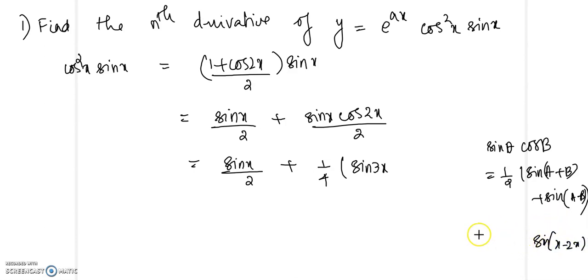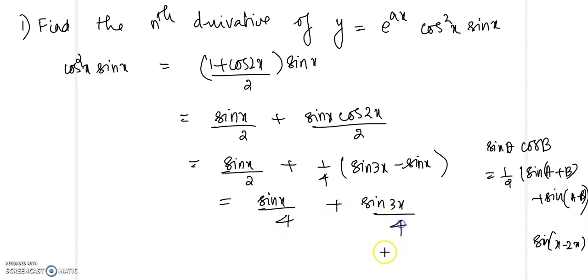Now sin of minus x will be minus sin x. So you have sin x by 2 minus sin x by 4, which is again sin x by 4, plus sin 3x by 4. So that is the value of cos square x into sin x.